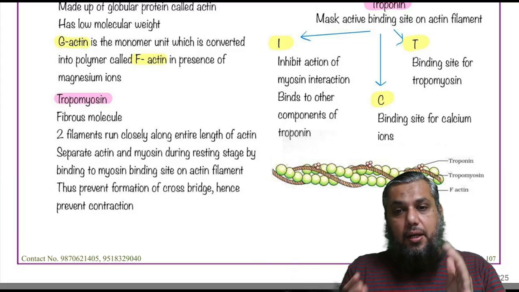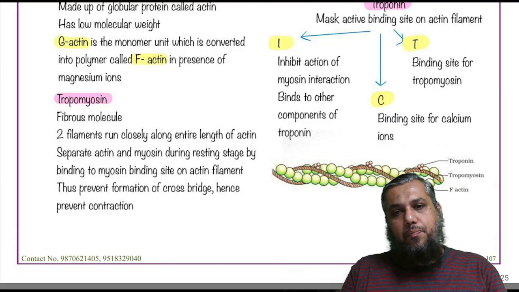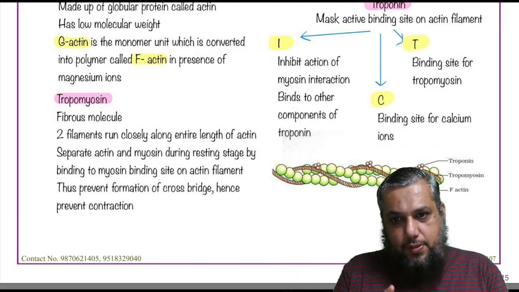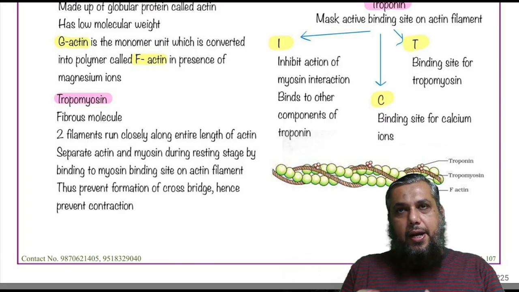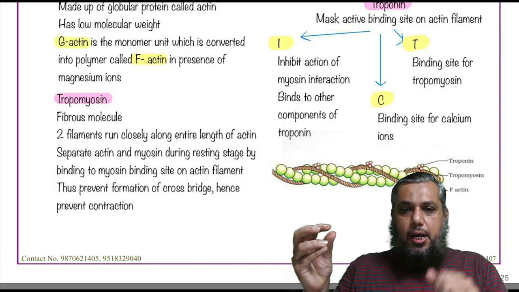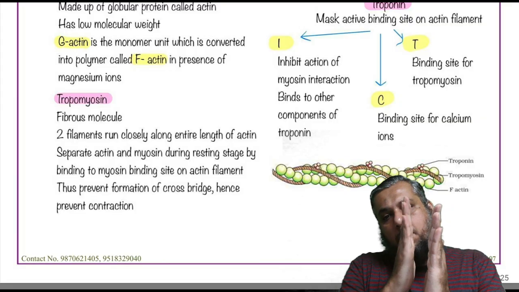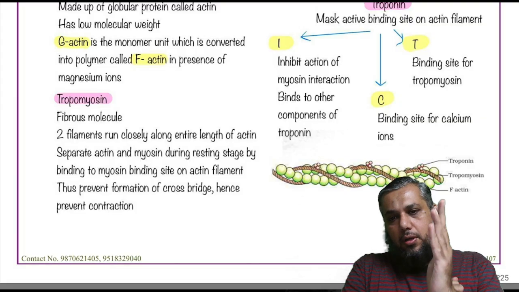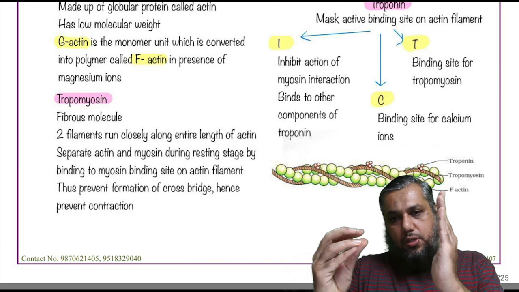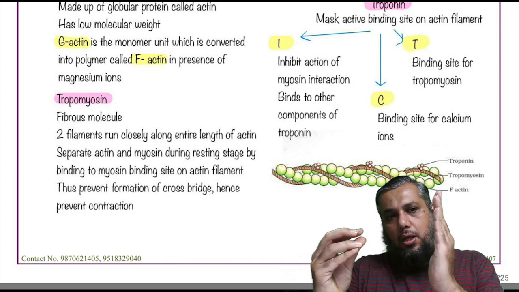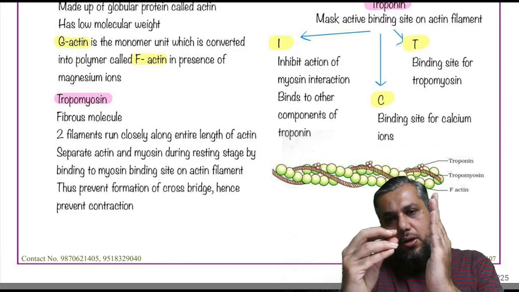When a muscle is in a resting state, the troponin masks the myosin binding site on actin. मतलब ट्रोपोनिन की वजह से रेस्टिंग स्टेट में मायोसिन आके एक्टिन को बाइंड नहीं कर सकता, क्योंकि ट्रोपोनिन उसको मास्क करके रखता है. सो ये एक्टिन है, ये मायोसिन है. अब in a resting state can the myosin bind to actin?